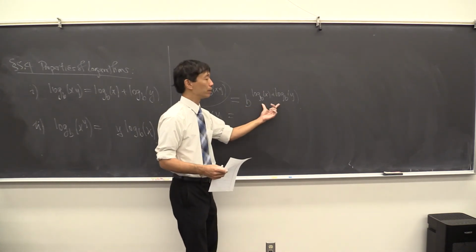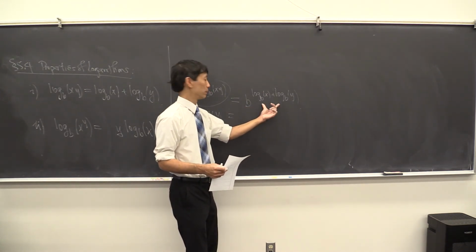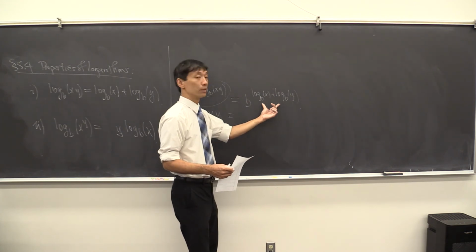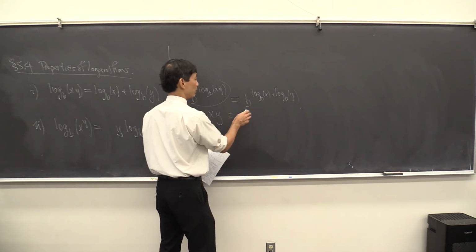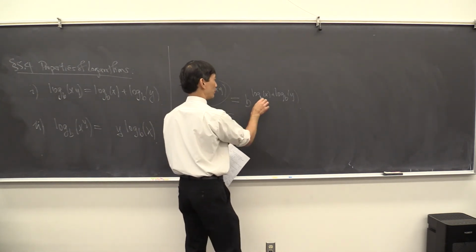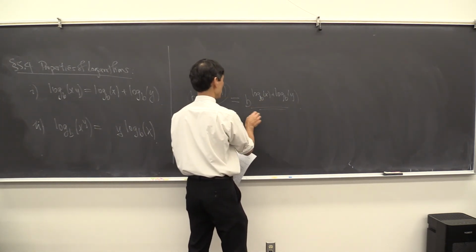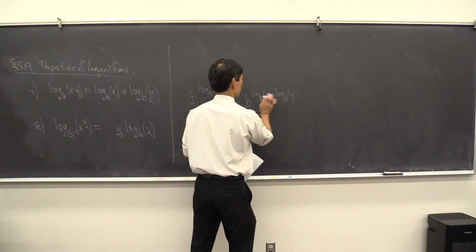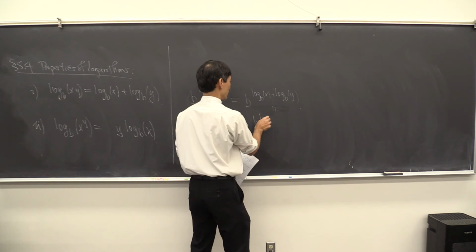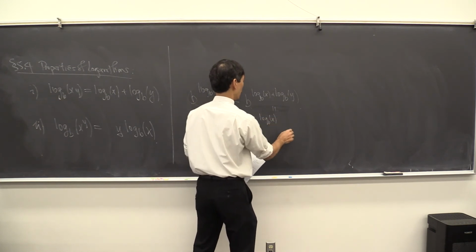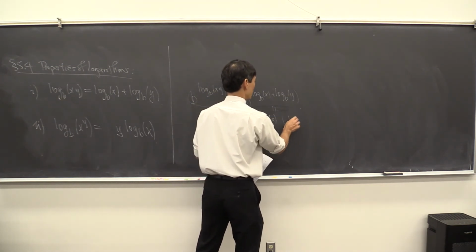What about over here? Well, using one of those properties of exponents, this is b to the log base b of x times b to the log base b of y.